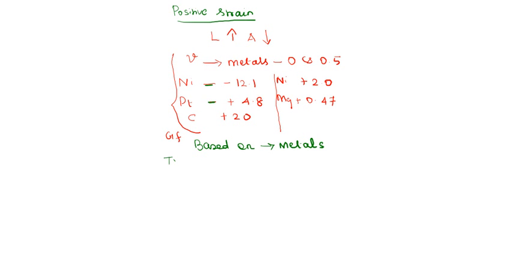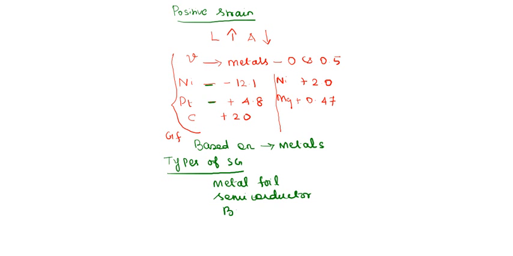The next topic is about the different types of strain gauges we generally have. There are so many different types of strain gauges. The first one is the bonded strain gauge. The next one is the unbonded strain gauge. Then metal foil, then semiconductor strain gauge.